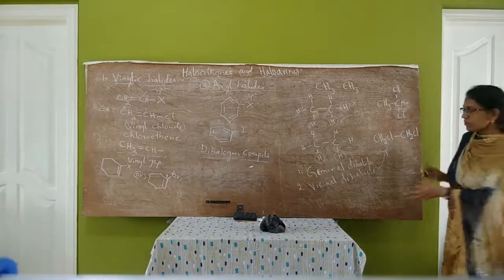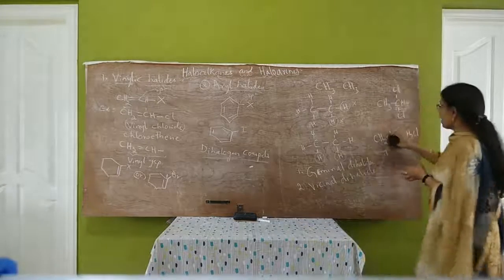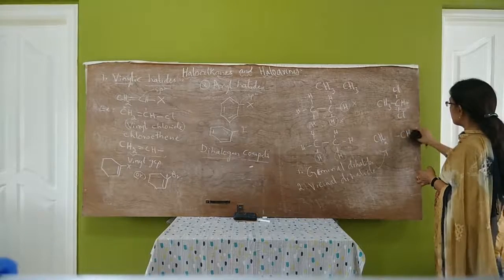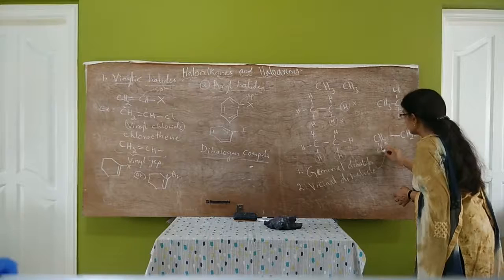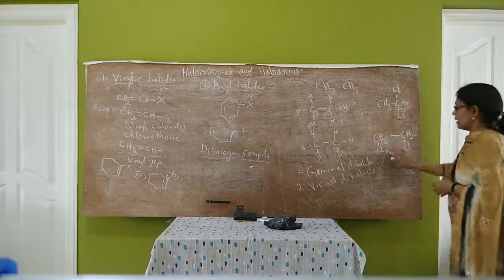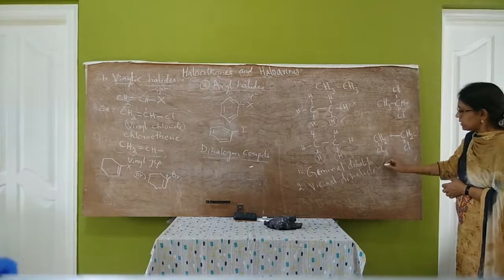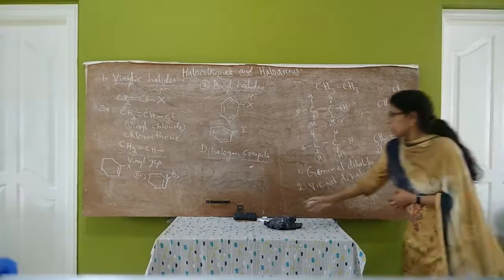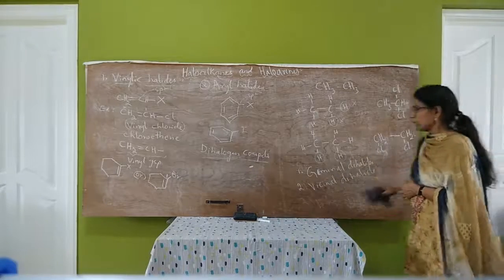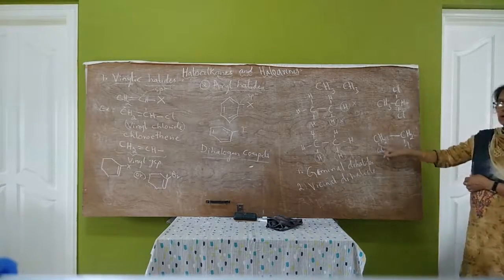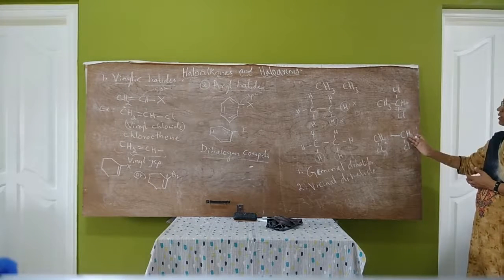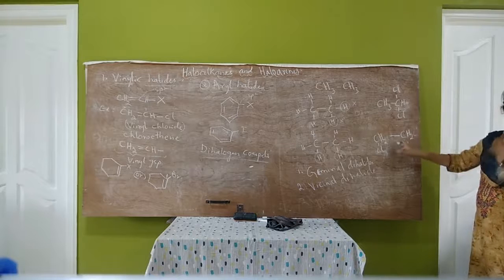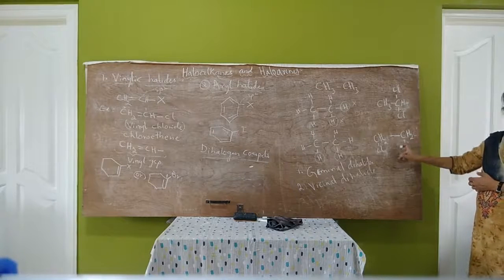Here the two halogen atoms are attached to the neighboring carbon atoms, not on the same carbon atom. They are called vicinal dihalides.